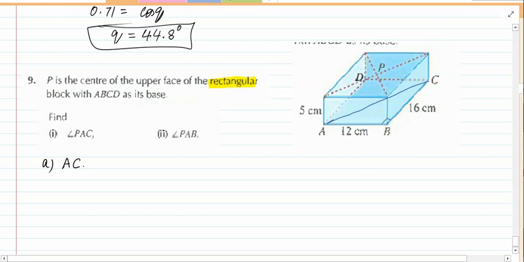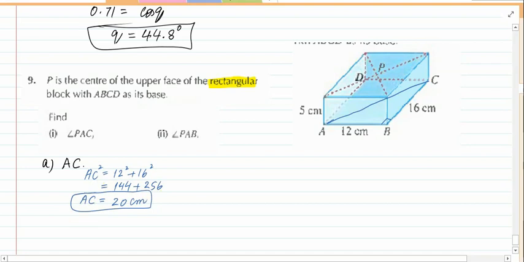So basically just the application of Pythagoras, AC square is equal to 12 square plus 16 square. 12 square is 144 plus 16 square is 256. Add these two values and then find the square root. So it's 20. So the value of AC is 20 and the unit is centimeter.